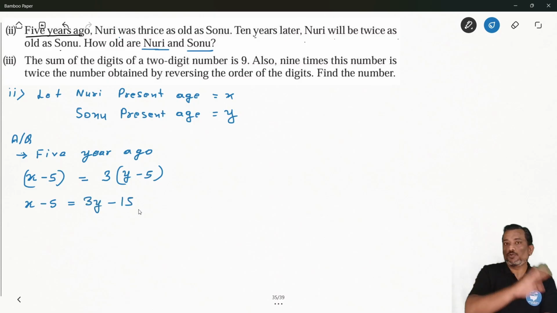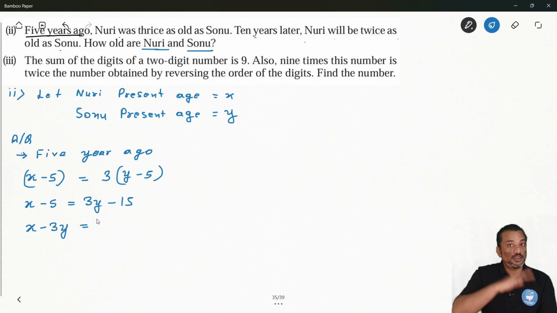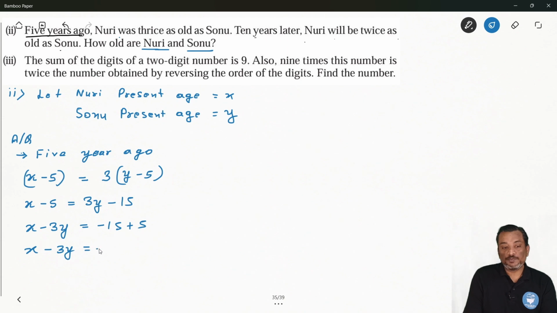Now you can bring the y to that side, so you get x minus 3y, and minus 5 you can take to the right side, so minus 15 plus 5. So you will get x minus 3y is equal to minus 10. So this is your first equation.